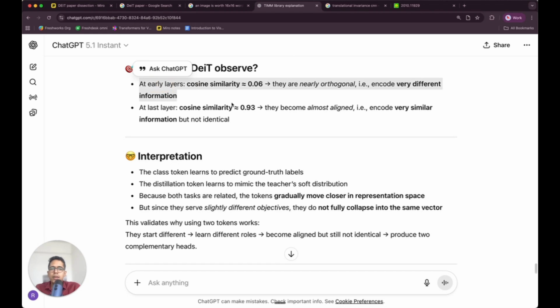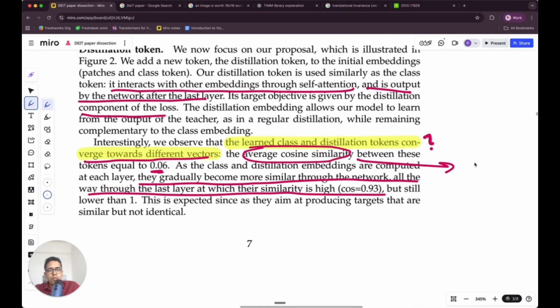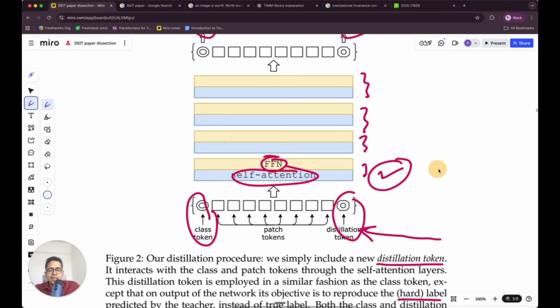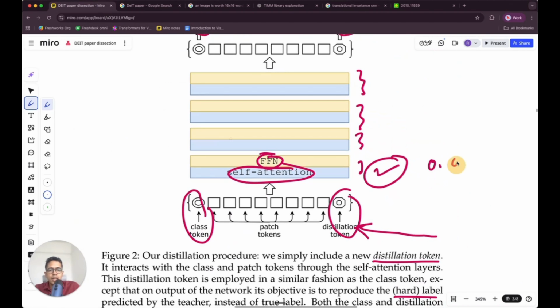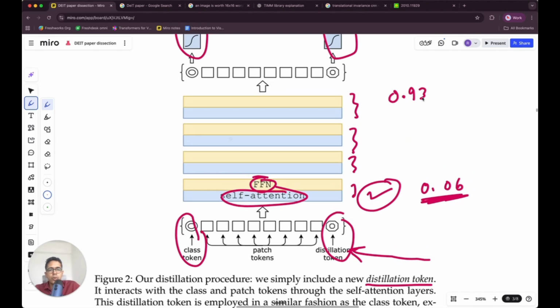So maybe this 0.06, they are talking about early layers, early transformer block layers, like this layer. So in this layer, maybe for a bunch of images, the similarity between distillation token and class token is only 0.06 cosine similarity. By the time you reach here, it becomes 0.93. What becomes 0.93?